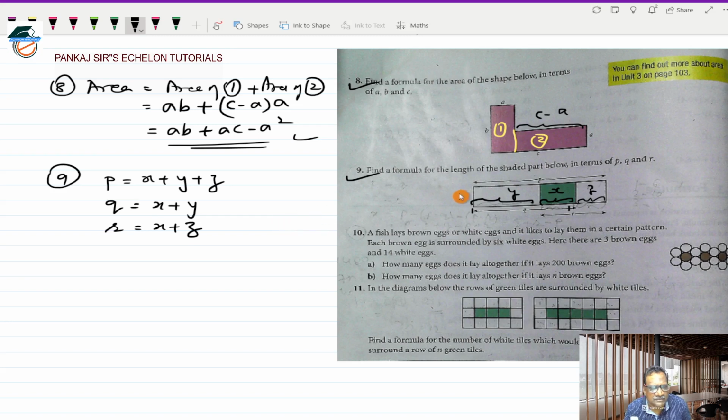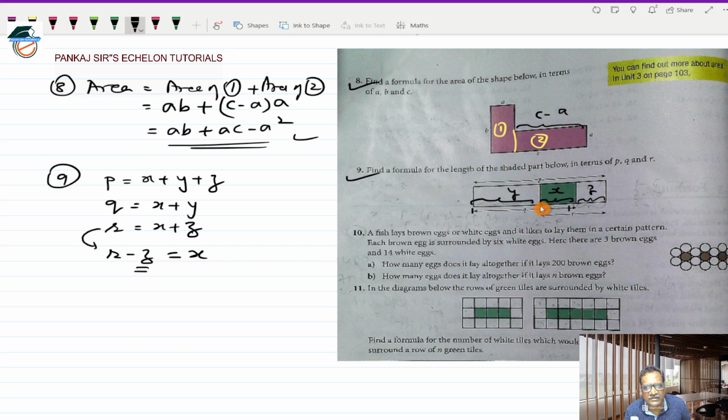So I want this X in terms of P, Q and R. From this formula, I can write R minus Z is equal to X. From here, I'll take Z on this side, so R minus Z is equal to X, right?